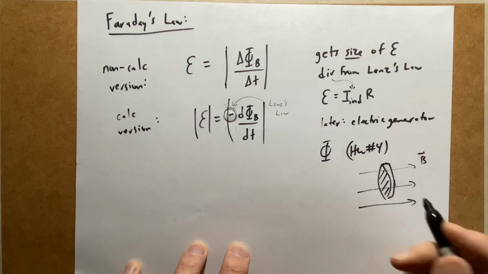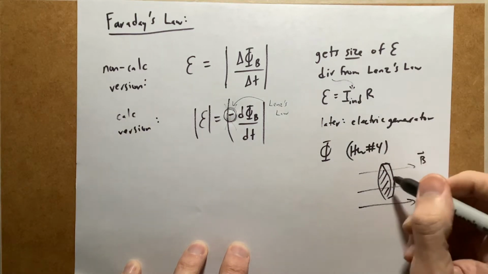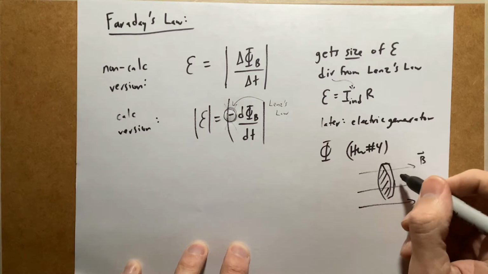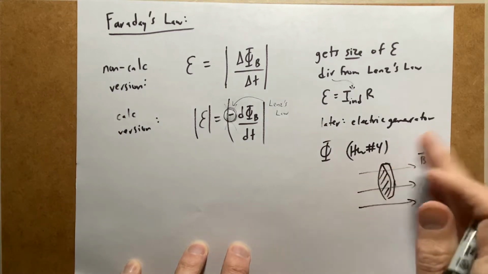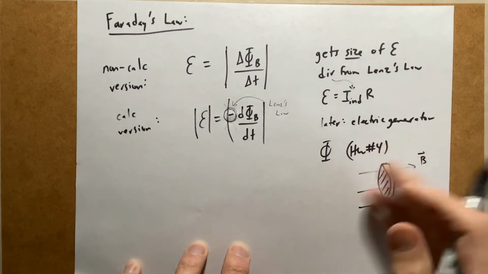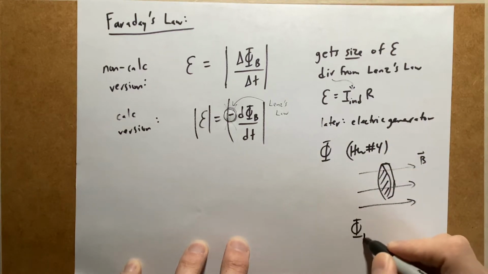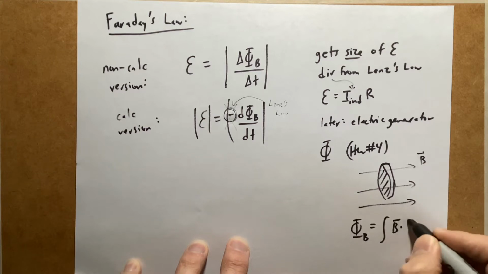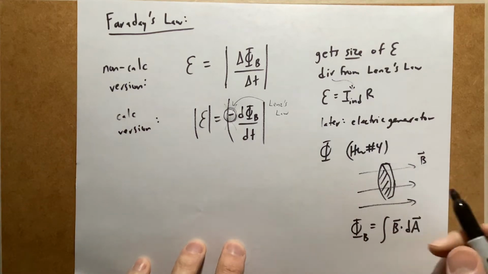And let me remind you that the field can be changing across the entire area, and then we have to use the fancy formula: the integral of B dot dA. We never did that with Gauss's law in reality, so we're not going to do it again here either.